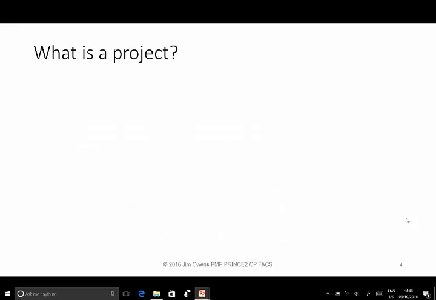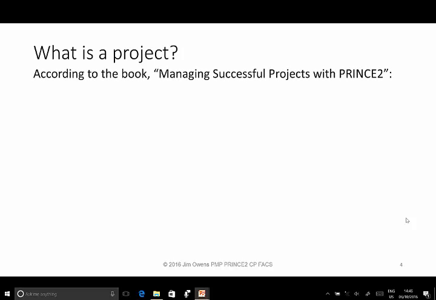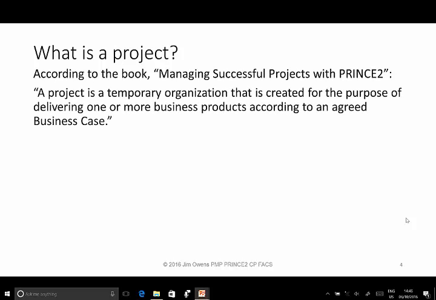I've mentioned projects several times already, but what is a project? If we are managing projects, we need to be able to answer this question clearly. According to the book Managing Successful Projects with PRINCE2, a project is a temporary organisation that is created for the purpose of delivering one or more business products according to an agreed business case.